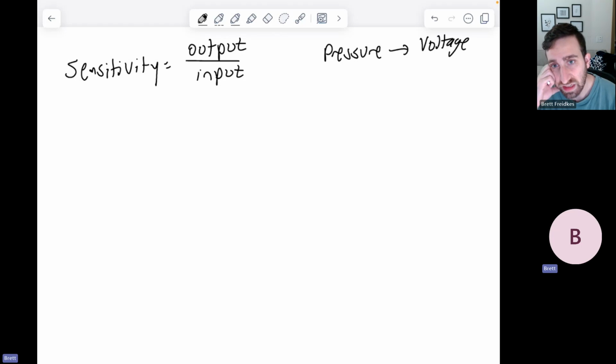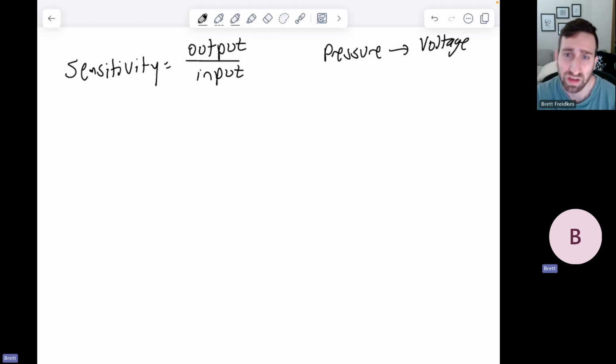And as we'll see as we get further in this class, we can try to derive the relationship between the input pressure and the output voltage, or the input acceleration and the output electrical signal, or what have you.